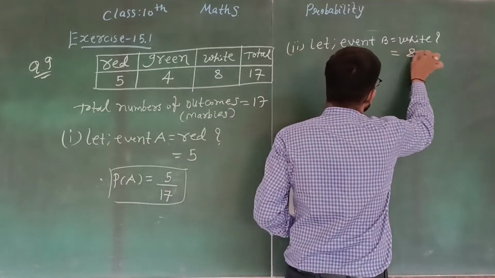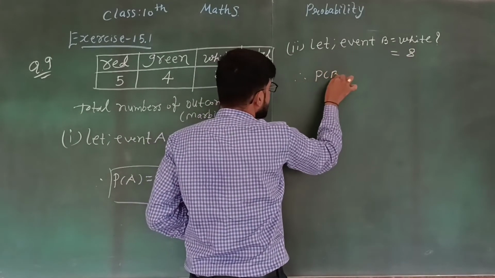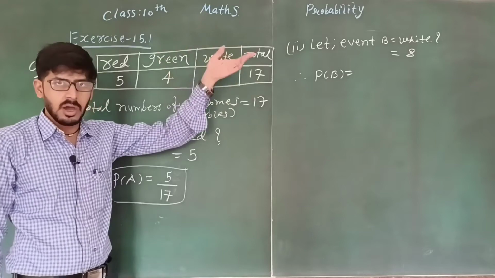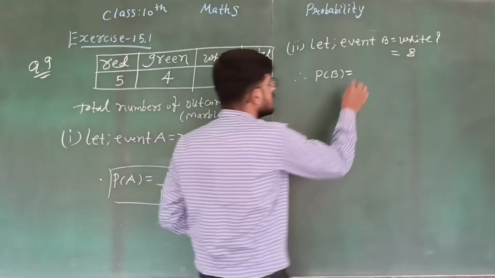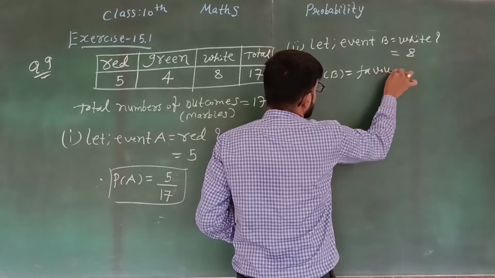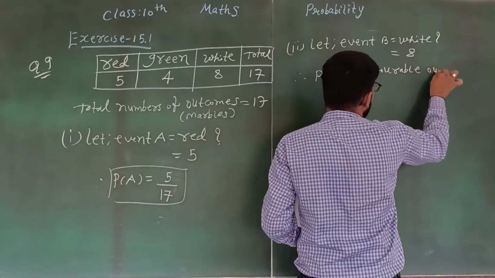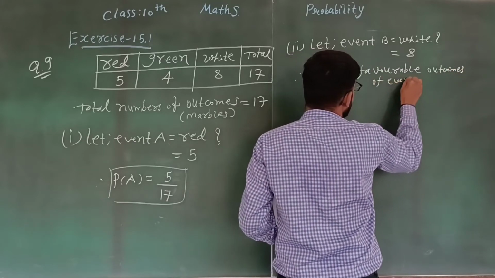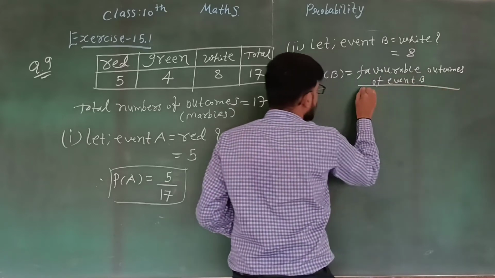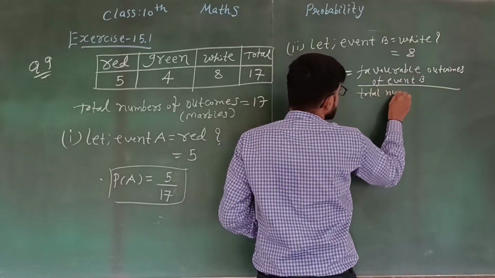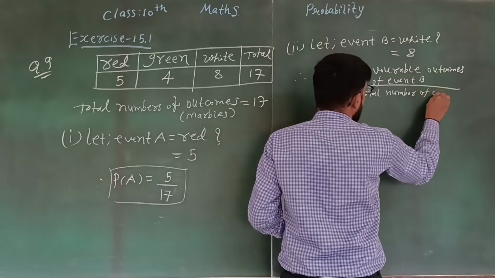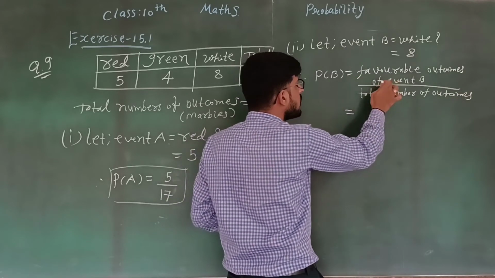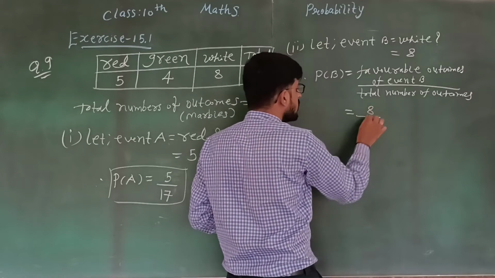Therefore the probability of B is equal to favorable outcomes of event B upon total number of outcomes, which is 8 upon 17.